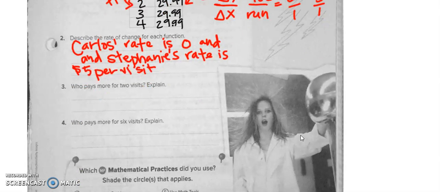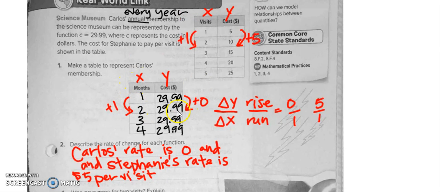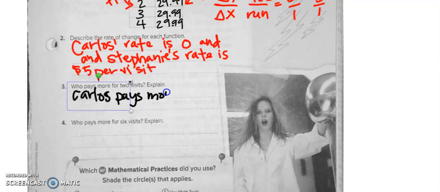Okay, so who pays more for 2 visits? I mean, you could compare back up at the table. After 2 visits for Carlos, we're at $29.99. After 2 visits for Stephanie, she's only paid $10. So who pays more for 2 visits? We would say Carlos pays more.